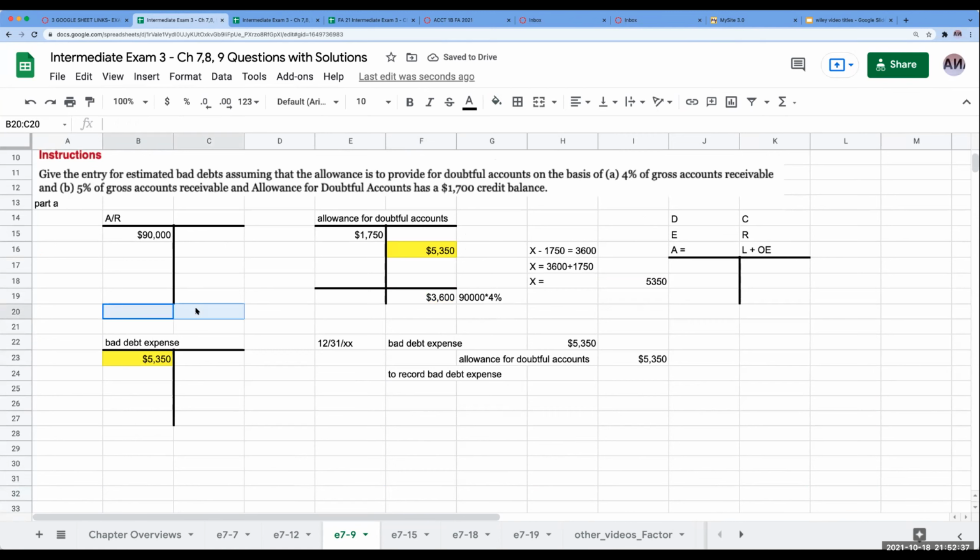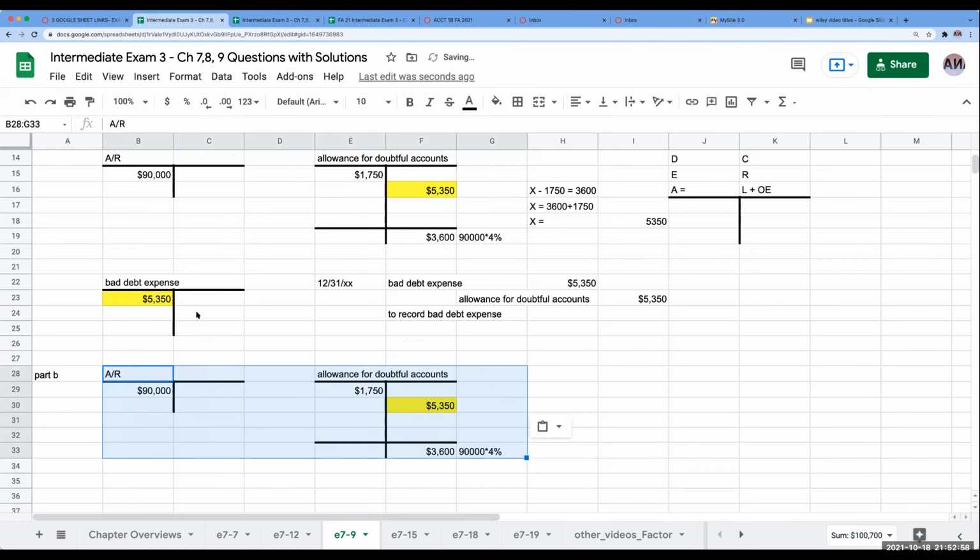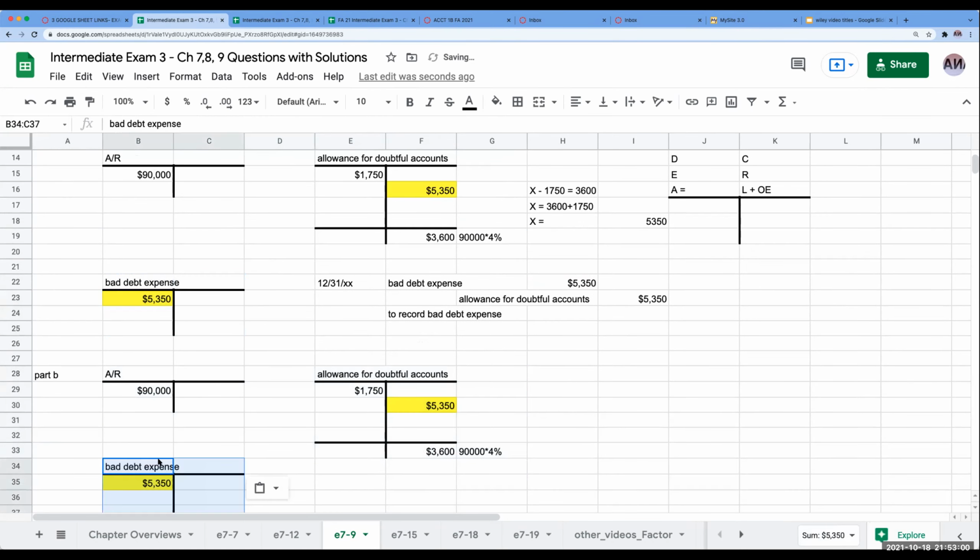Let's now take a look at letter B. For part B, what if it's 5% and the allowance for doubtful accounts has a $1,700 credit balance? So what does that look like? Let's copy our friends right down here.